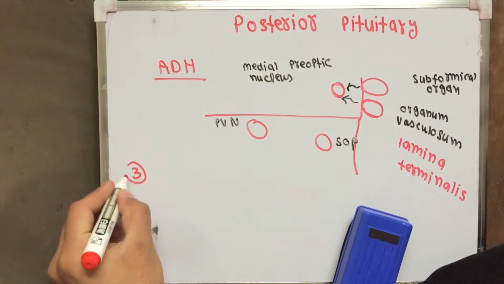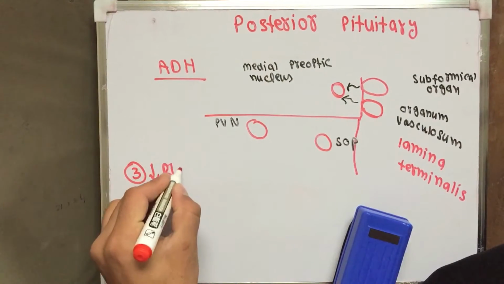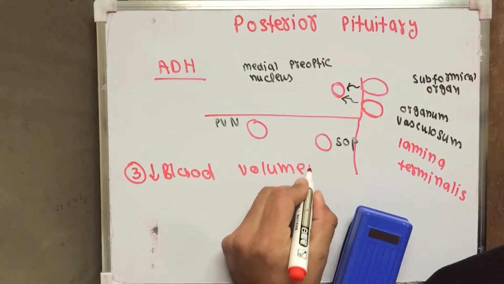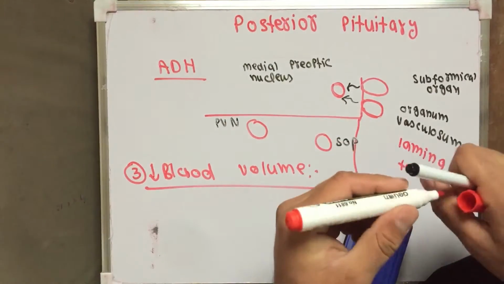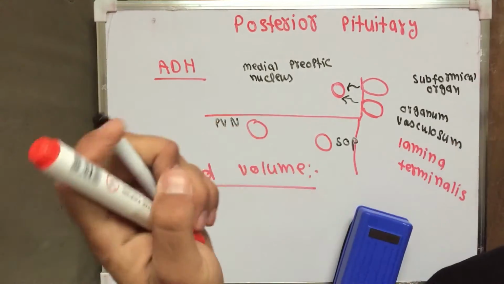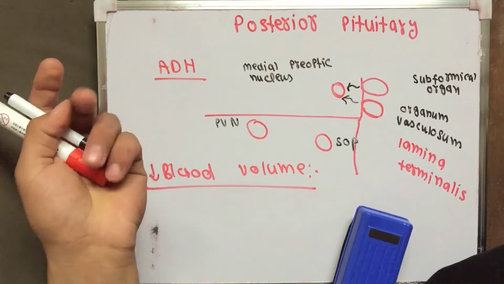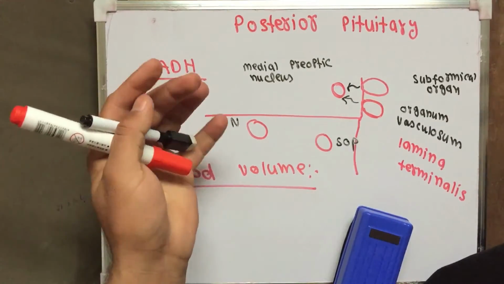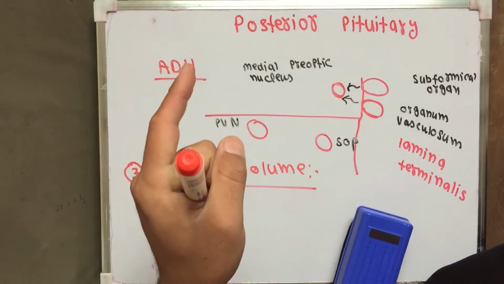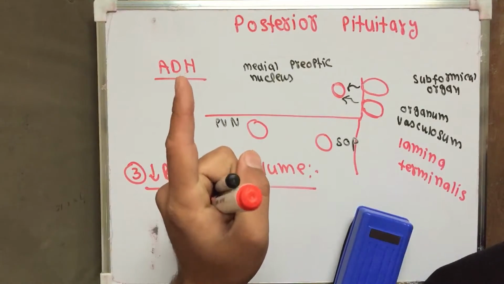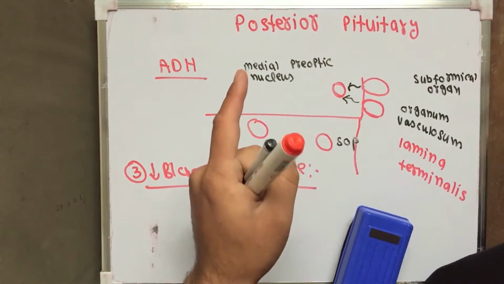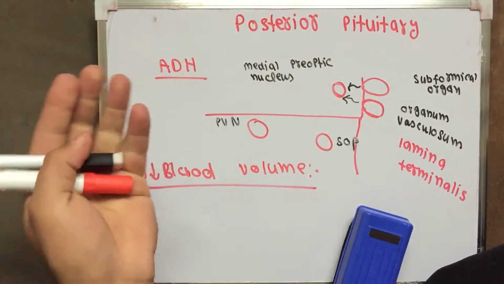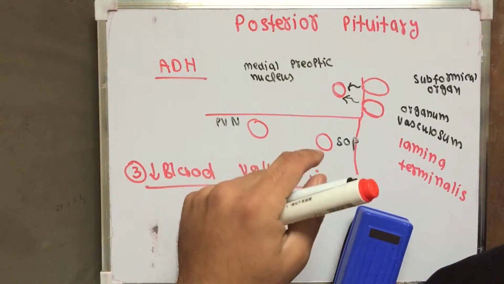The second condition is a decreased blood volume. This is also the same mechanism. Whenever there is a decreased blood volume, information is sent from the heart to the medulla. Here remember, from the heart information of a decreased blood volume is sent to the medulla, and then the same mechanism occurs.